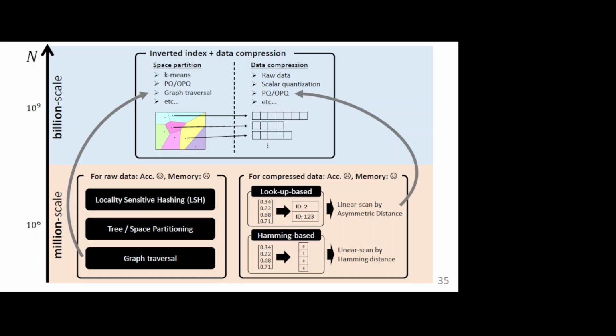You have to apply compression on it. That's why at the billion scale we need advanced techniques, for example space partition to do the clustering, or PQ to reduce your index structure. And you also have to apply data compression to the raw data, and some consolidation, and so on.